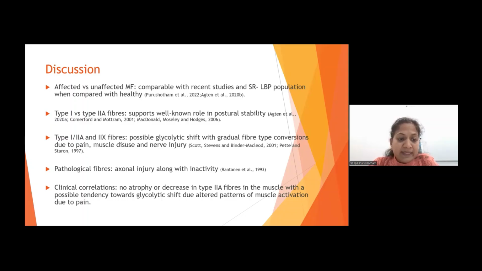And we found significant pathological fibers in the affected sample, which clarifies the axonal injury at the site and also indicates the muscle fiber changes due to the nerve injury and also possibly due to inactivity. And finally, for clinical correlations, there was no atrophy or decrease in type 2A fibers, again indicating a tendency towards the glycolytic shift, possibly due to altered patterns of muscle activation in pain.